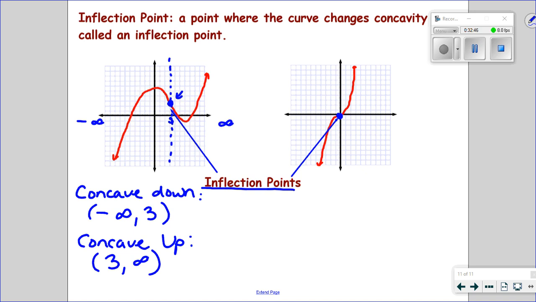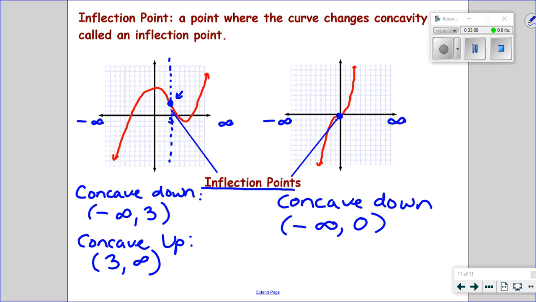All right, and then one more graph. This one might be a little bit harder to see the concavity, but there actually is a change in concavity. This graph is concave down again to start off, from negative infinity to 0, which is where our inflection point is, and then the graph is concave up from 0 to infinity.